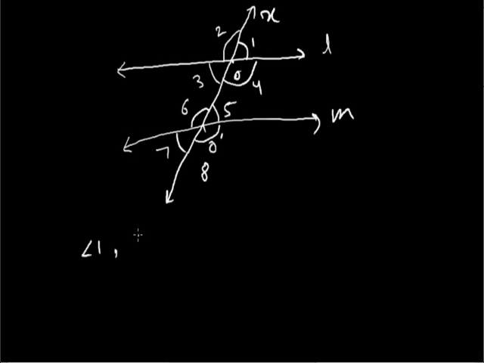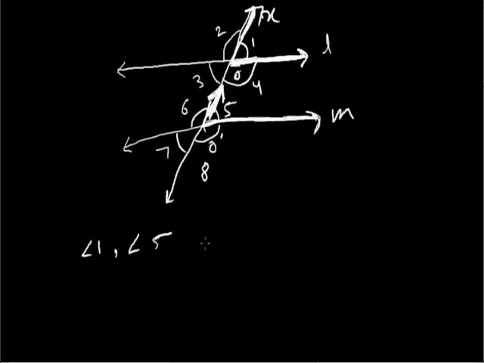Now let us see for angle 1 and angle 5. One of the arms of both these angles is on the same side of the transversal. You can see here this arm of angle 1 and this arm of angle 5 which I am highlighting are on the same side of the transversal X. And the other arm of angle 1 and the other arm of angle 5 are directed in the same direction or in the same sense.